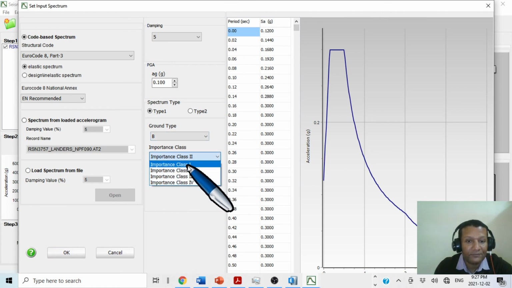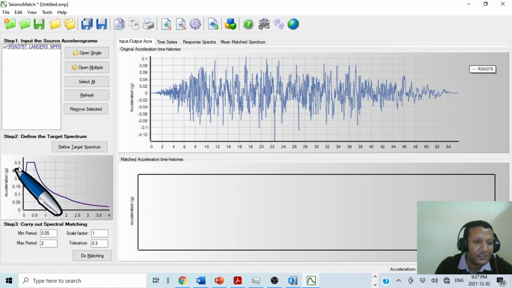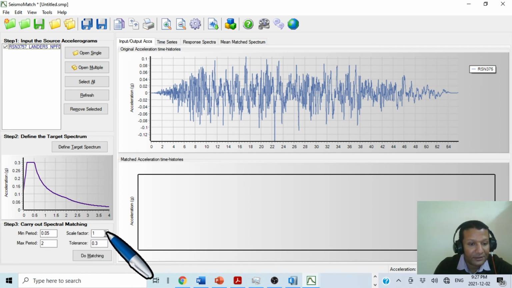Importance factor 1, 2, 3, it's as per the code, then you can say okay. Then this is your target response spectrum. As you see, it is only 4 seconds for me. Then minimum period, scale factor, maximum period, tolerance, this is as per your need.